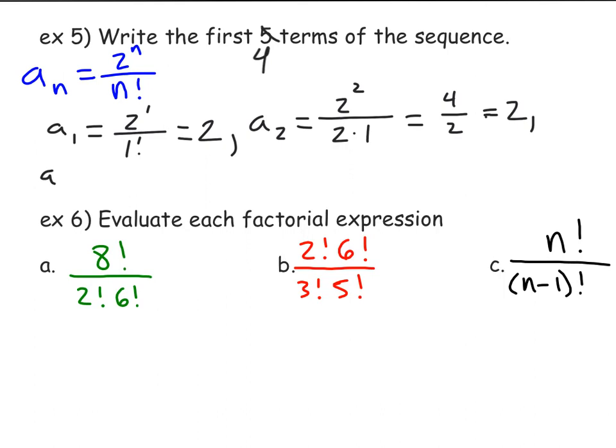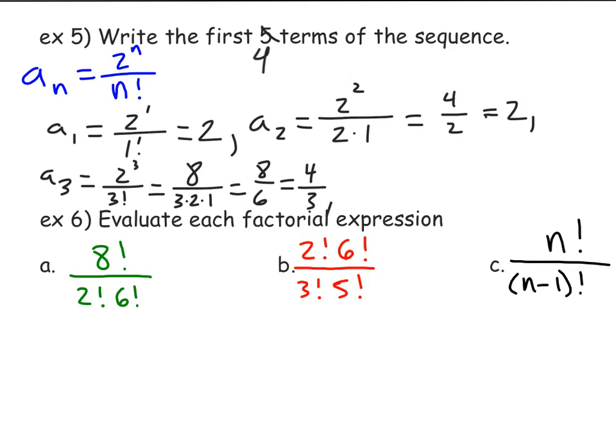Let's take a look at the third, which will be 2 to the third. So 2 to the third is 8. Okay, so 3 factorial is 3 times 2 times 1. We saw that example, it's 6. 8 over 6, which would reduce to 4 over 3.